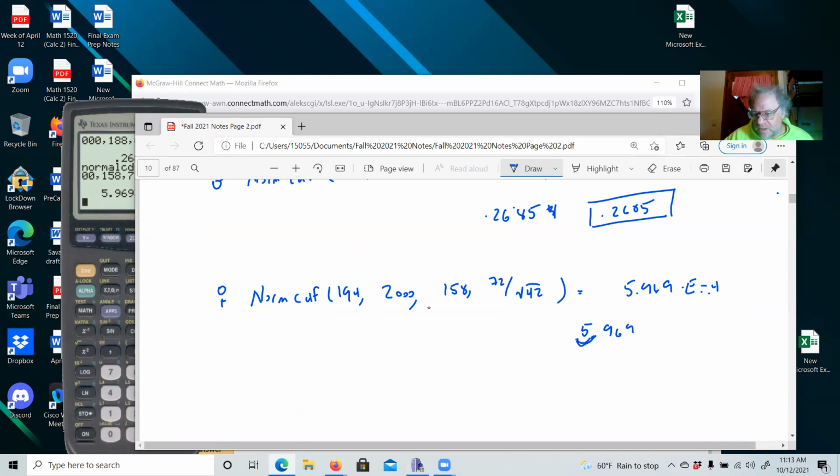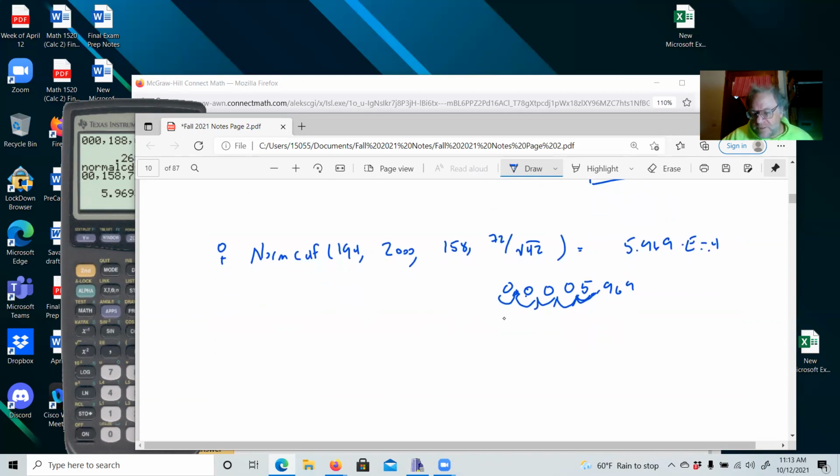So 1, 2, what do we put here? It's a 0. 3, 4. And there's a leading 0 with the decimal place. So we stop here. This is how many zeros we have to add. So when I round this, this is 0.000, and this is going to turn into a 6.